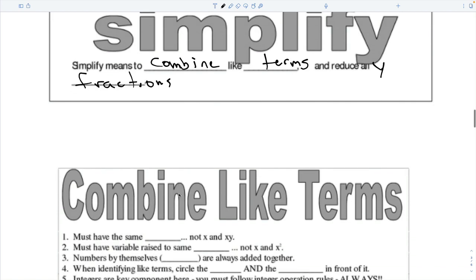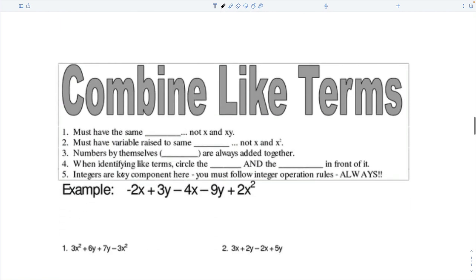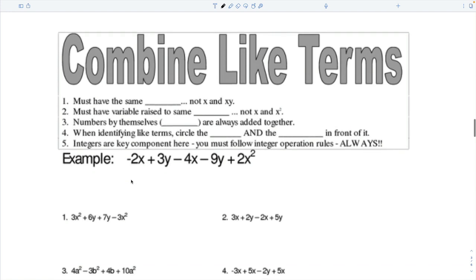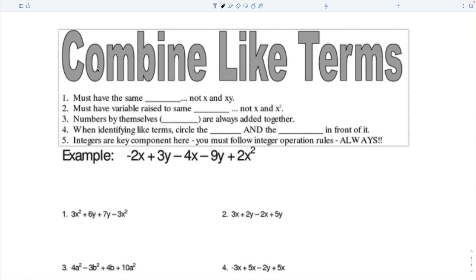All right, so let's get into the steps to simplify this massive thing down here. To combine like terms, you must have the same variable. You can have x and x, but you can't have x and xy to combine.